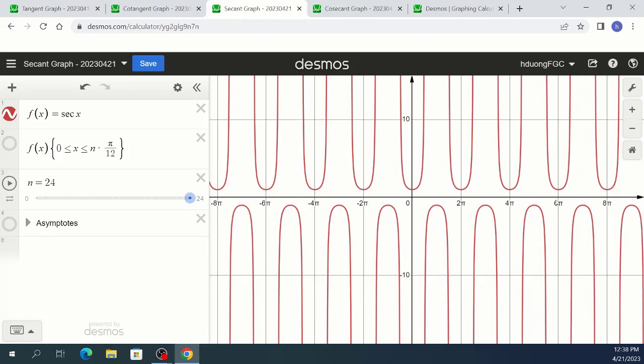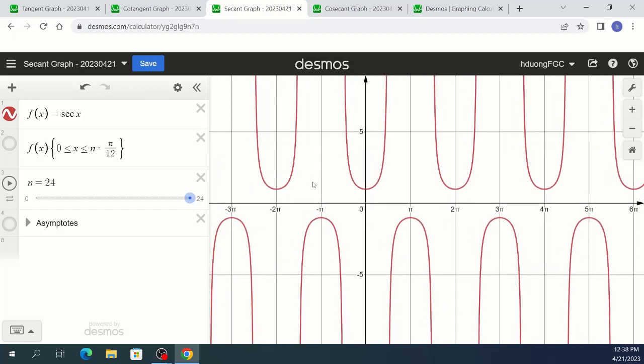There's always a center line here as well. There's a center line, and these parabolic shapes are just swinging up and down, away from that center line. In other words, we have an empty space. There's always an empty space right around that center line of our graph. You guys follow?